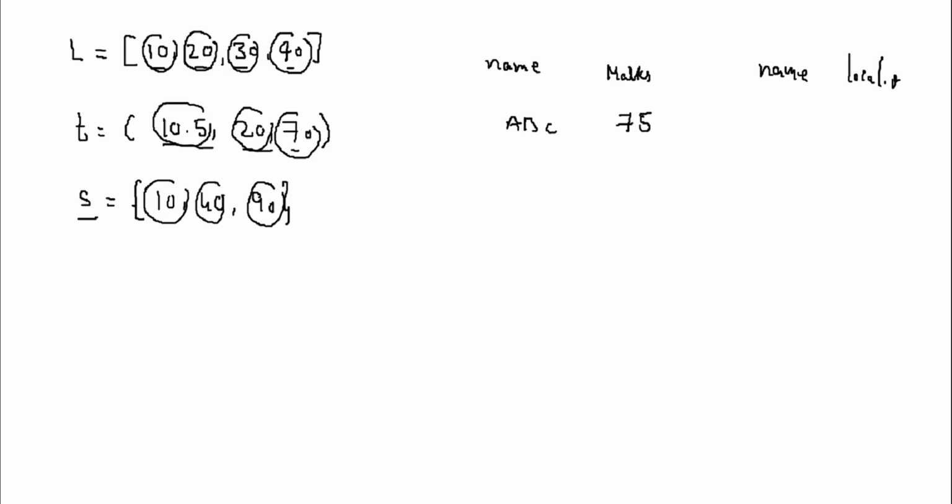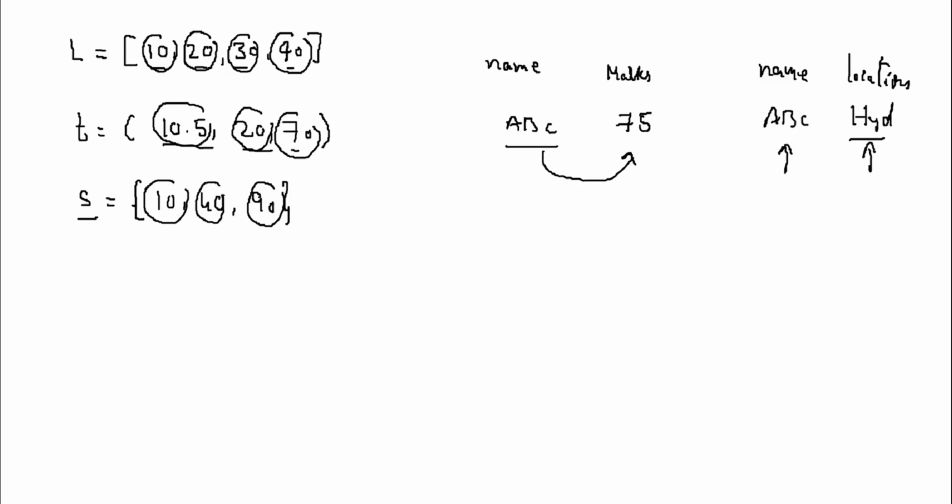My name is ABC, my location is Hyderabad. If I retrieve my name, I should be able to say my marks. If I give my name, I should be able to say which location I am coming from, Hyderabad.